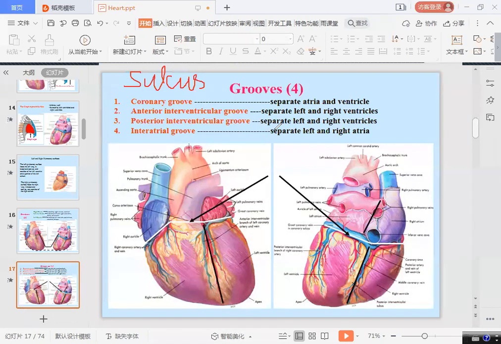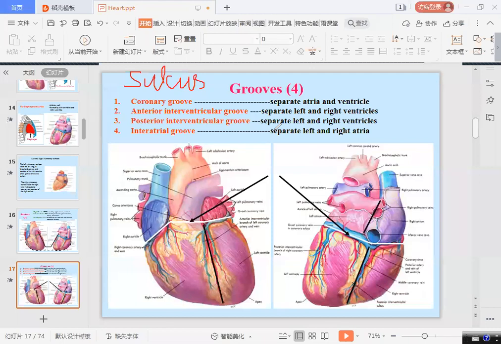Anatomically, a sulcus or groove means an inward margin which is separating one structure into two parts. A groove, or you can say a sulcus, is a depression which divides any surface, organ or part into two or more different surfaces.